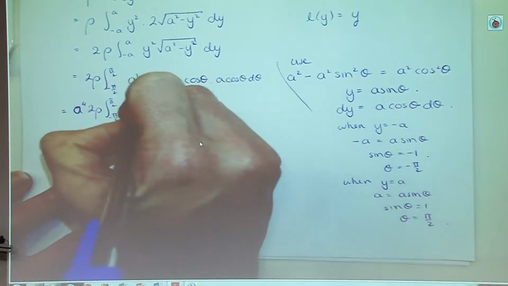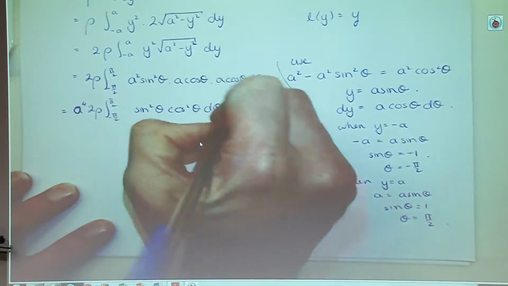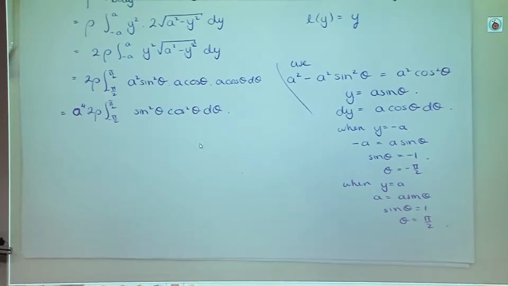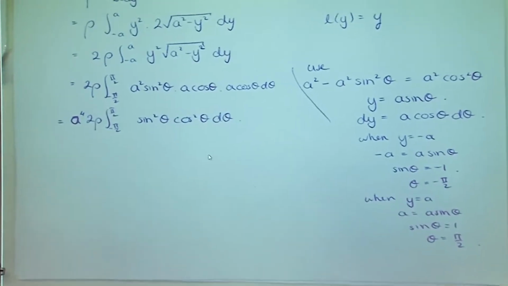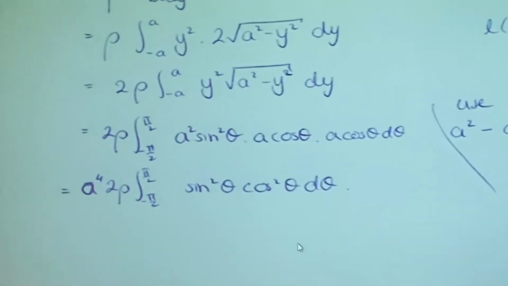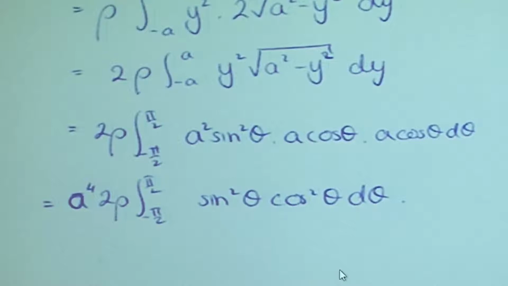What have we got? Sine squared theta, cos squared theta, d theta. Sine squared theta, cos squared theta. Okay, how are we going to integrate this one? Any ideas?